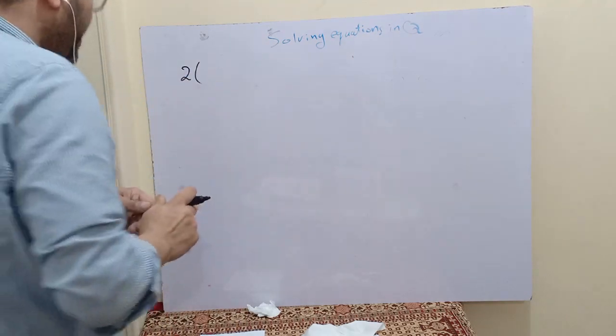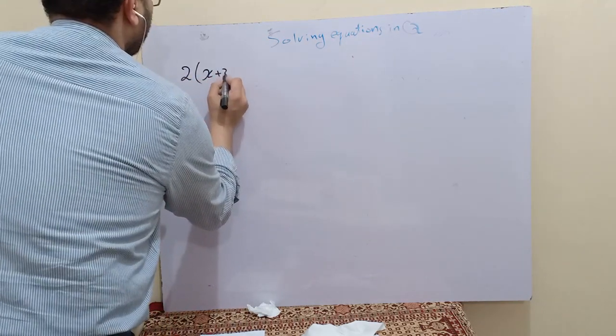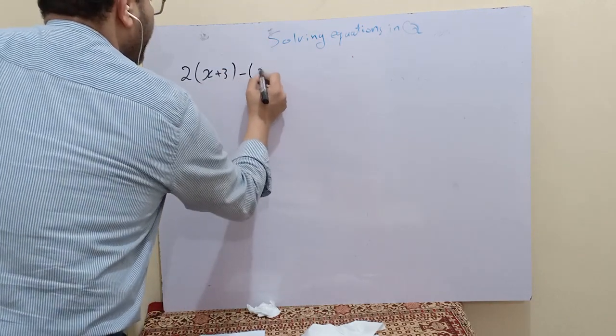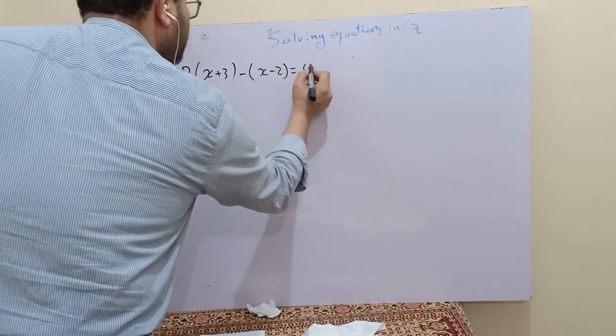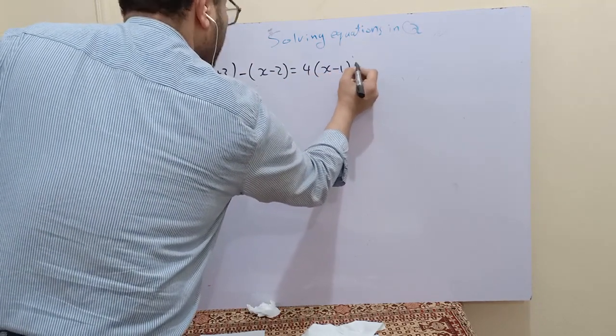Open the brackets: 2(x + 3) - (x - 2) = 4(x - 1) + 3.